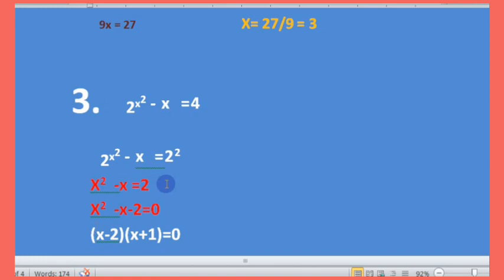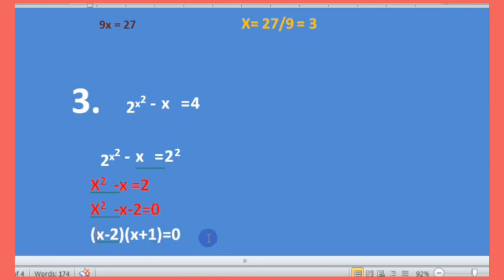Now when we take 2 to the left side, it would be negative 2, which equals 0. Now by using the sum and product method, the sum is minus 1, the product is minus 2. So these two numbers are minus 2 and 1. Therefore x minus 2 times x plus 1 is equal to 0.